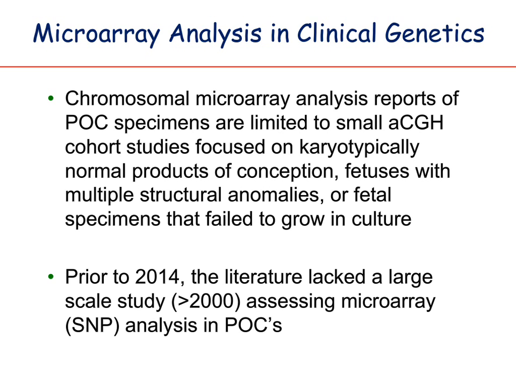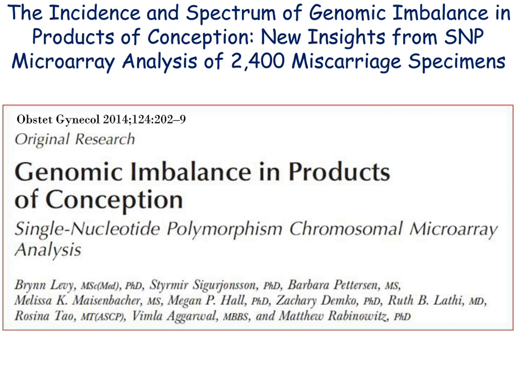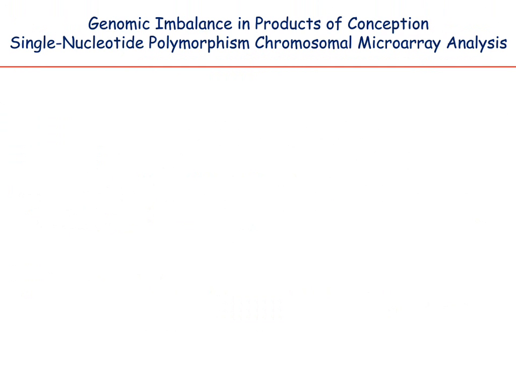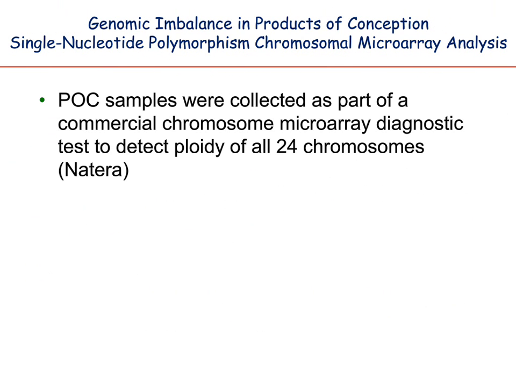And so that brings us to the focus of the study that was published in Obstetrics and Gynecology in 2014. This was a study of well over 2,000 patients. The POC samples were collected as part of a commercial chromosome microarray diagnostic test that is designed to detect ploidy of all 24 chromosomes.